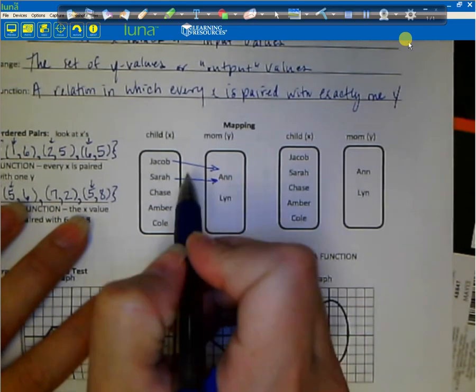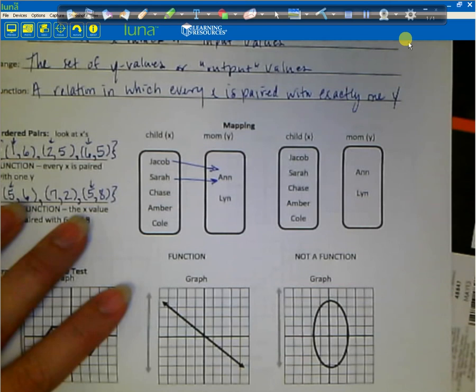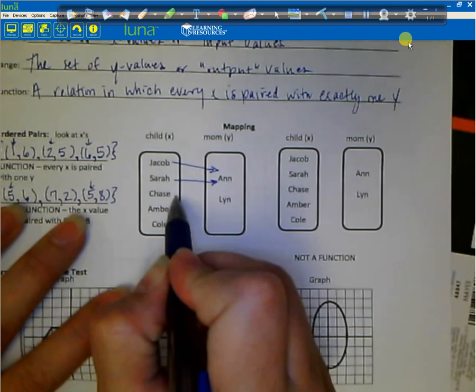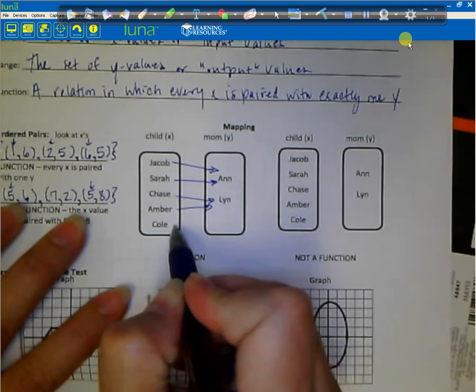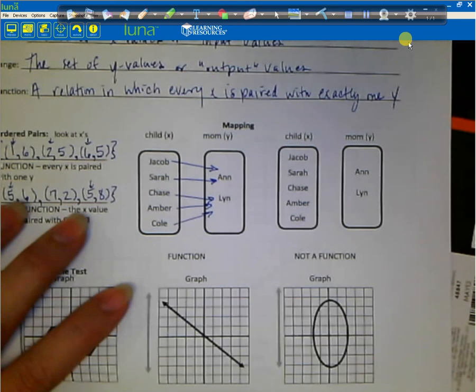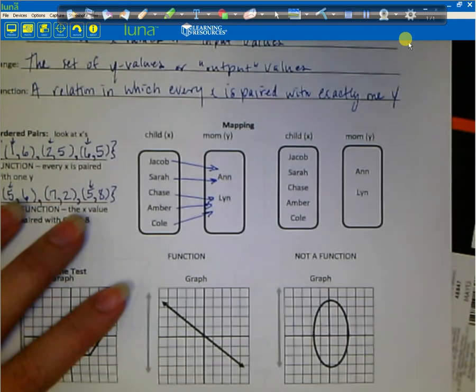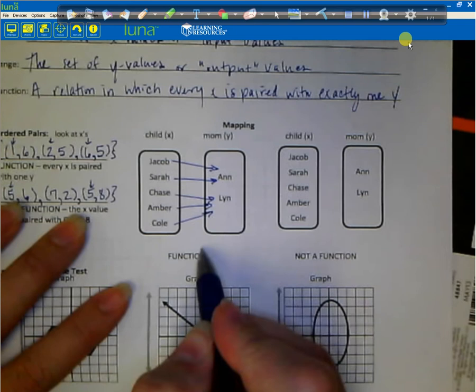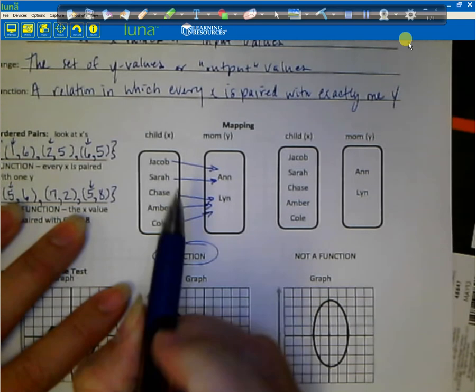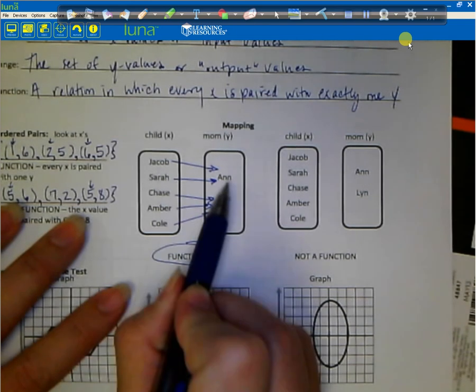Jacob and Sarah are Ann's children. The next example, I want you to draw an arrow from Chase, Amber, and Cole to Lynn. Chase, Amber, and Cole are Lynn's children. This is valid. Two children can have the same birth mom. This is a function because two children can be born from the same mother.